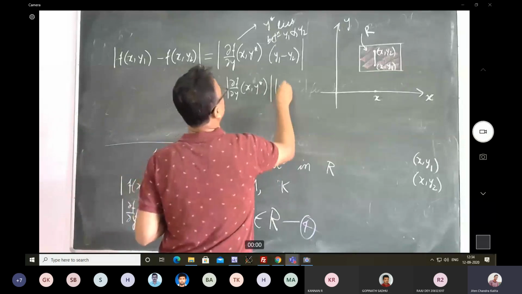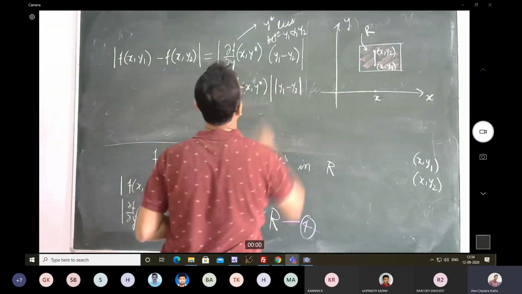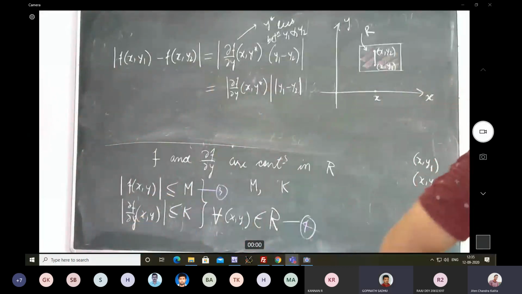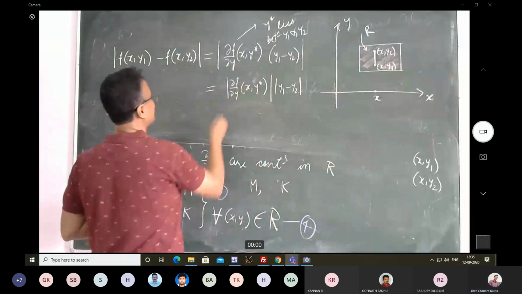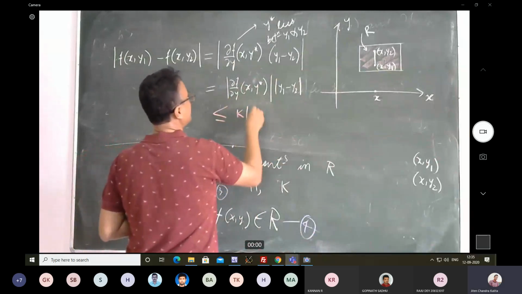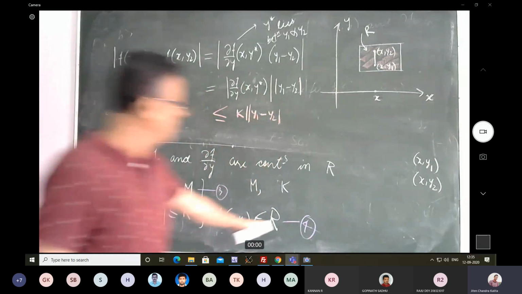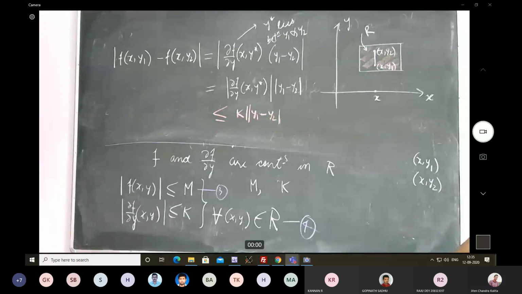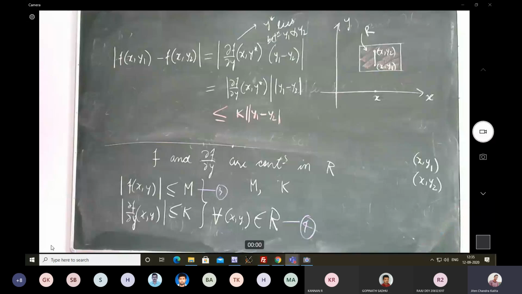So this is equal to del f del y, and this is less than K times the modulus of y1 minus y2. And this I have found out from relation number 4. So far, so good.